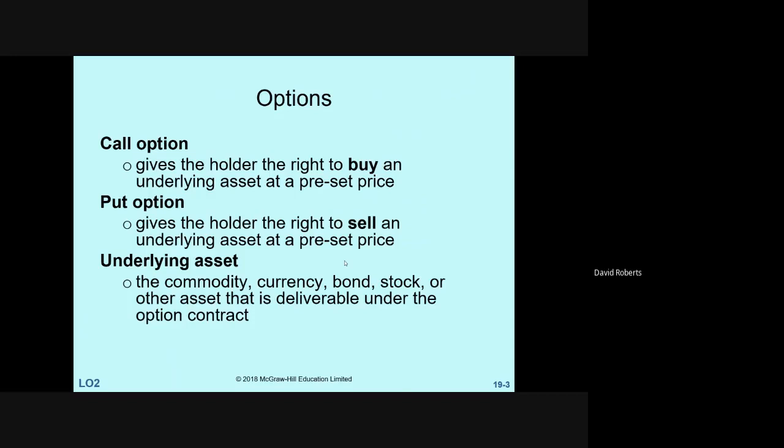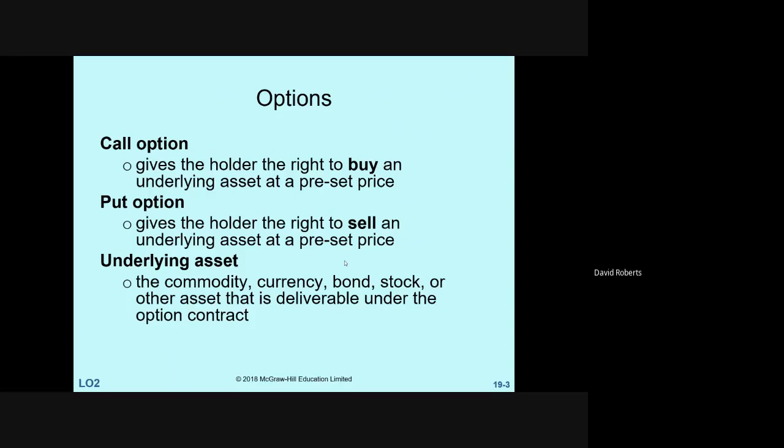Somebody gives you the option to buy a share at $50 a share. If the market price is below the $50, you just buy it in the market. But you'll never have to pay more than 50 for the share until the call option expires. So if the share price goes up to 61, you can buy the share for 50.